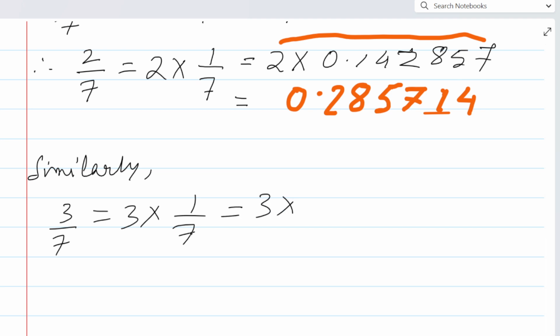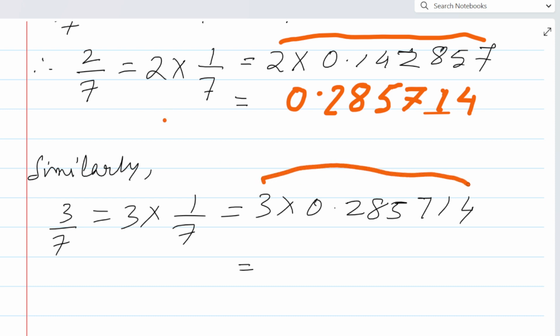What is the value of 1 by 7? You can take 0.285714. Again multiply, same method. What will you do? 3 2s are 6, 3 4s are 12, 3 1s are 3.